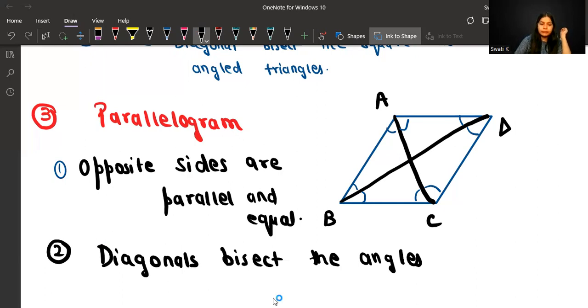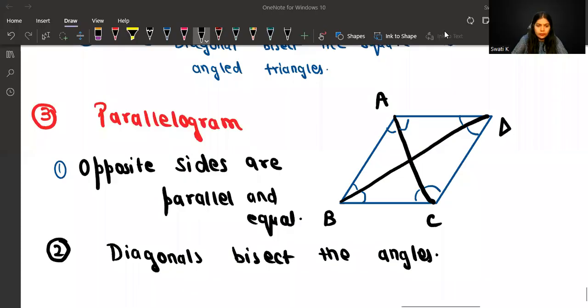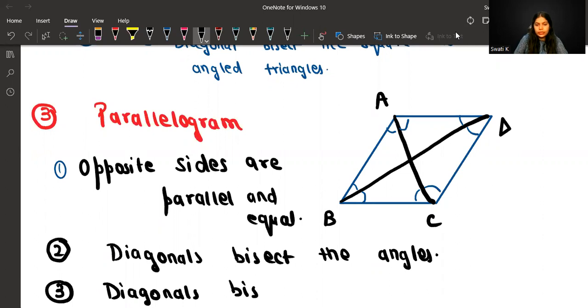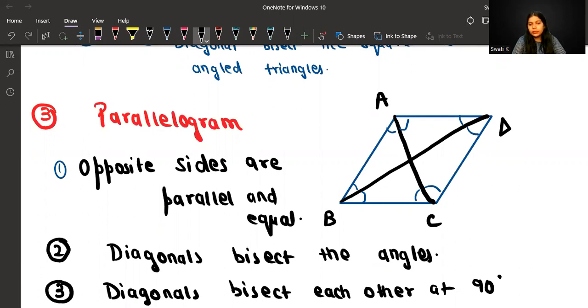They bisect, of course, diagonals bisect each other, but they also bisect each other at 90 degrees. Okay, so let us understand that. So we can write down here that diagonals bisect each other at 90 degrees. Okay, so this is the next property.